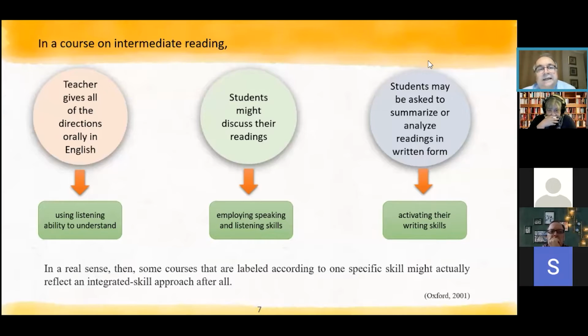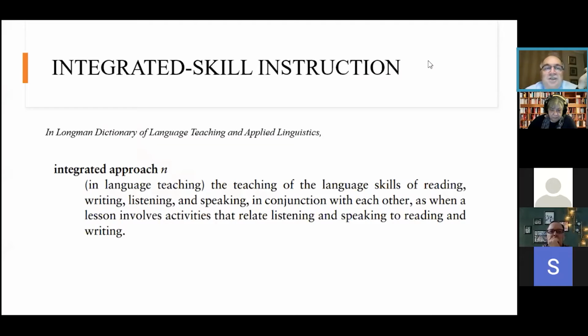Then, if we have some criticism about the segregation of our 4 main skills, what does integrated teaching of language skills mean? I have taken this definition from the Longman Dictionary of Language Teaching and Applied Linguistics.